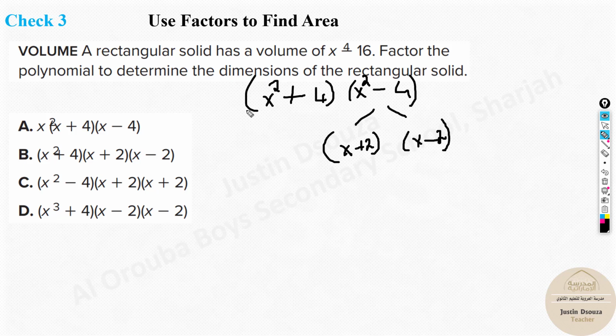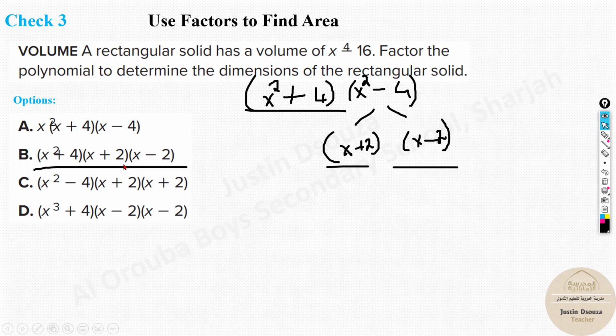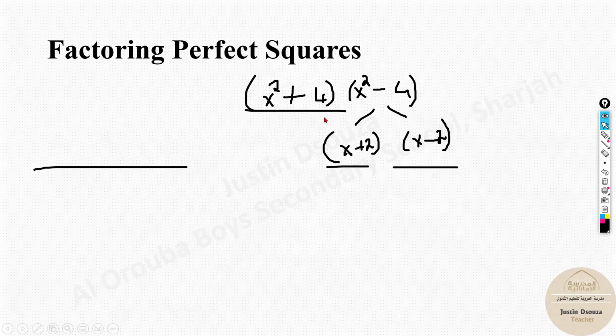So the answer is x squared plus 4, x plus 2, x minus 2, the option number B. You need to just factor it two times, more than once, and we have done similar problems a while ago. So that's about the difference of two squares.